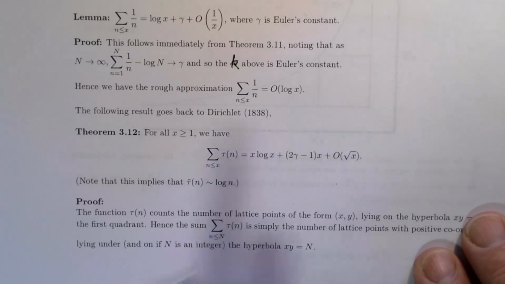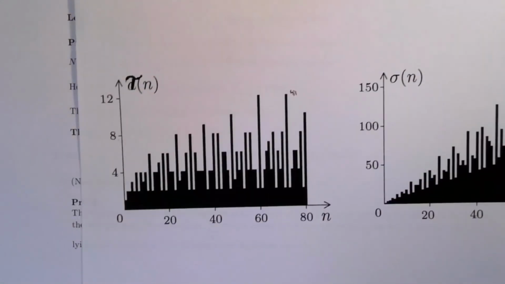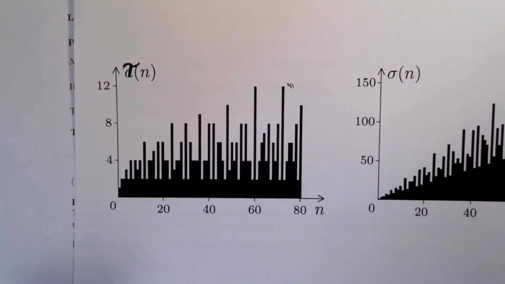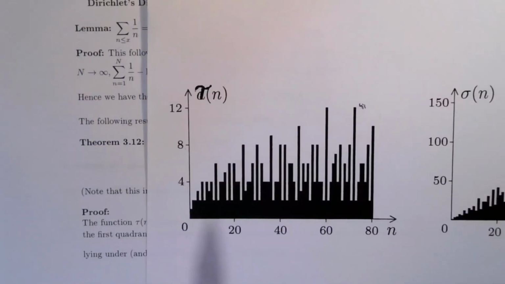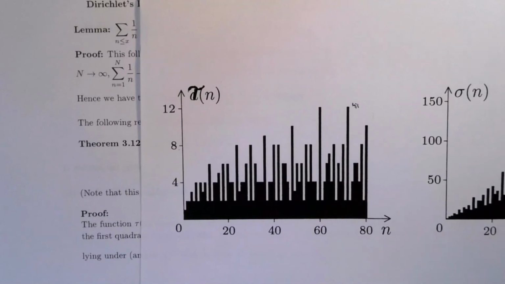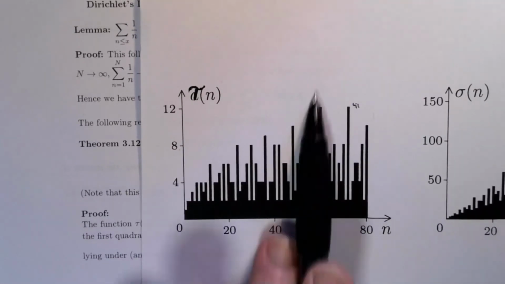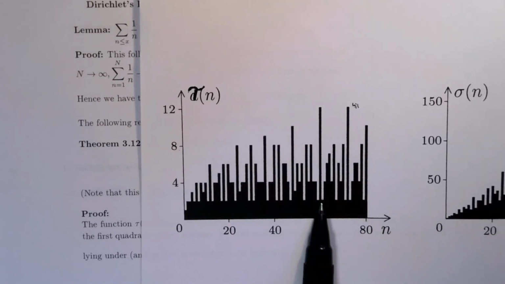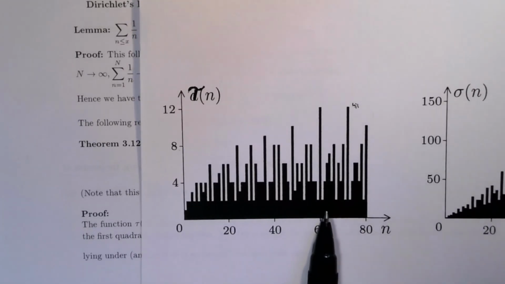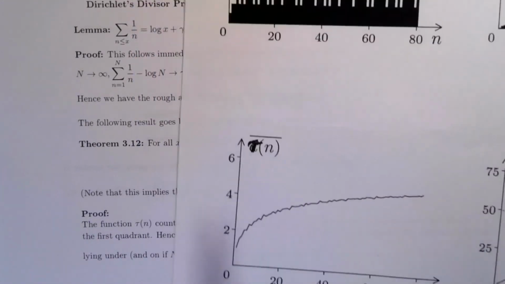I'll do the proof in the next video, but let me just show you this little picture here. We saw before that that was tau of n, so when we plot this, we see that it's all over the place. The values of tau of n shift up and down. Sometimes they'll be very large if you've got numbers with lots of factors, and then you suddenly hit a prime and it reduces down to 2 again. If you take the average value of this, this is the graph you get.